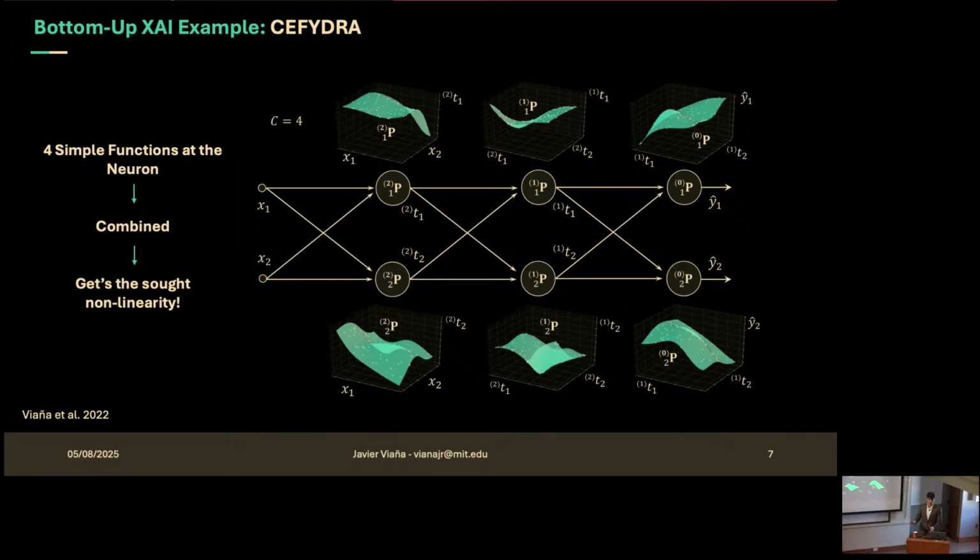One example of a bottom-up approach that is a little more complex than a linear regression is the so-called CFIDER that I worked on, which is basically trying to replace the neuron of a neural network with something more complex than an aggregation of weights and then an activation function. So in a way, you're looking at a configuration of a 2 inputs, 2 outputs problem, and there are 3 layers in the model.